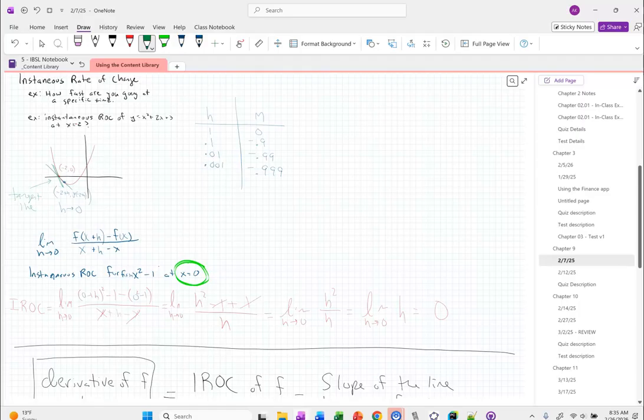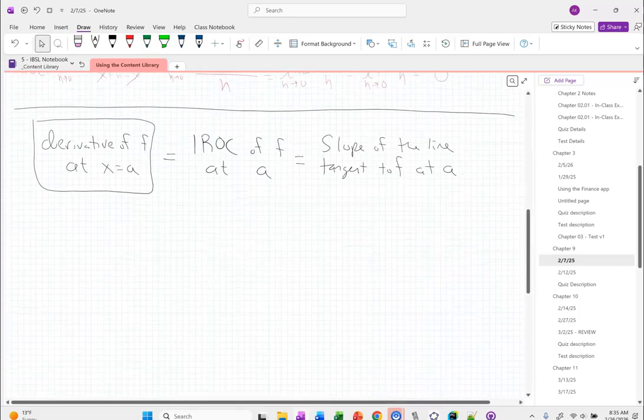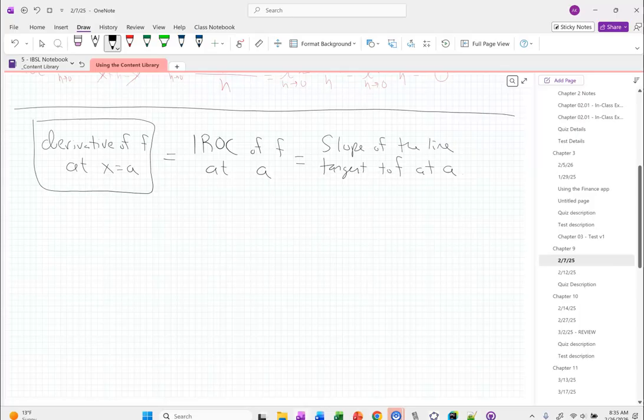And as h goes to 0, that blue line eventually turns into the green line, right? You can visualize that as h is getting closer and closer to the red point, those two slopes will converge. So we've given this derivative operation a name, and we need a symbol to go along with it.